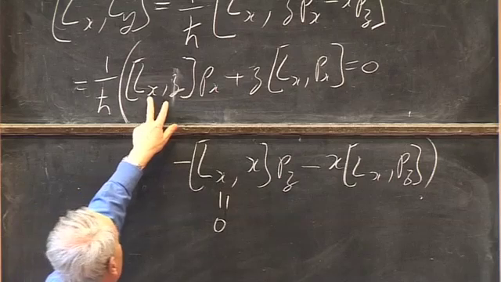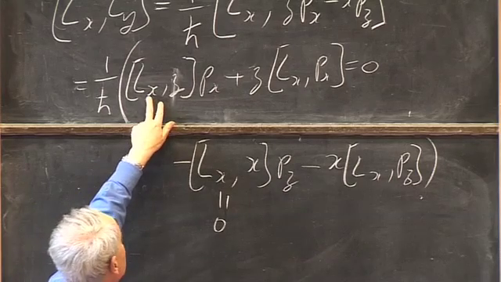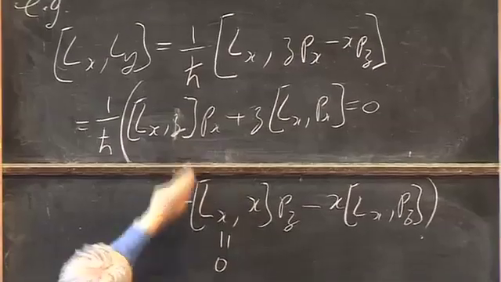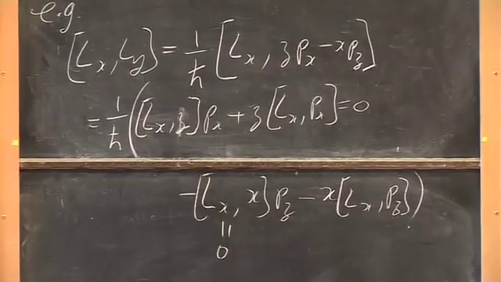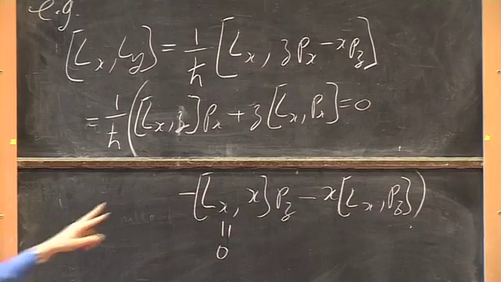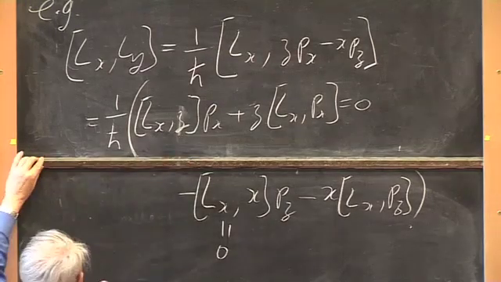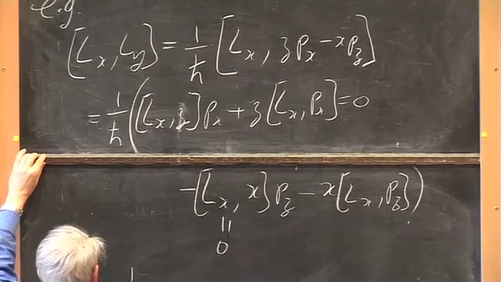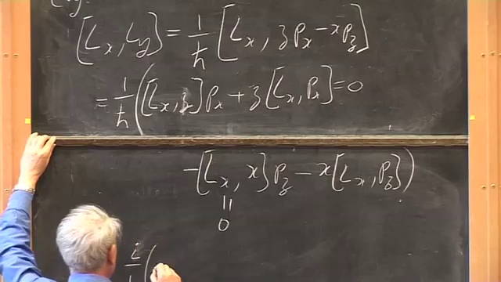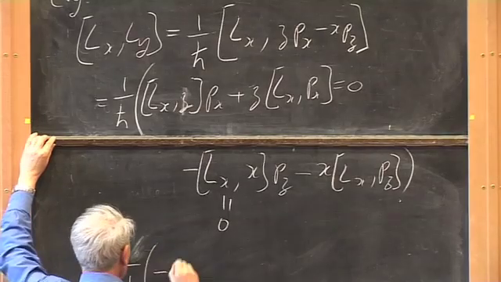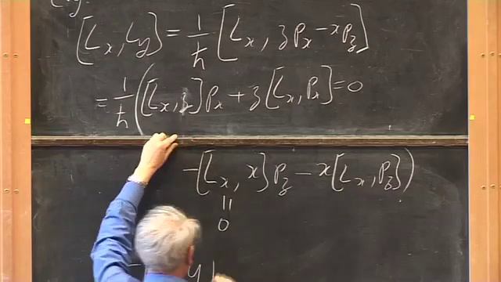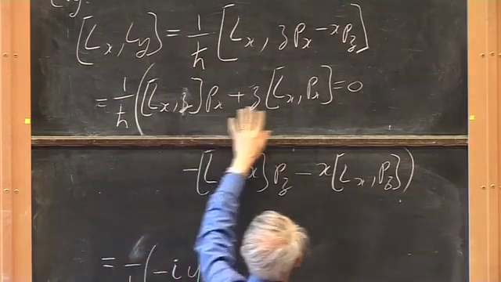So this is going to be minus, so Lx commuted with a component of x is going to produce i times the third component, which will be y. And I think we'll probably get a minus sign. So I think this will be 1 over h bar, brackets, and there'll be an i, and then a minus i times y from here times px, and this was 0, this was 0.